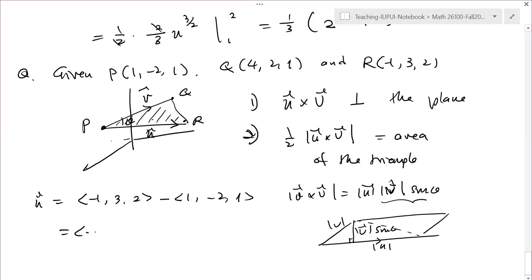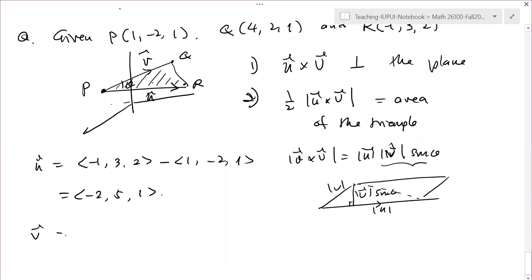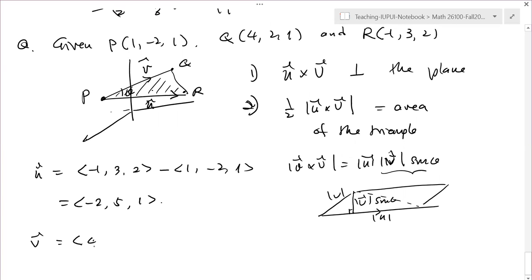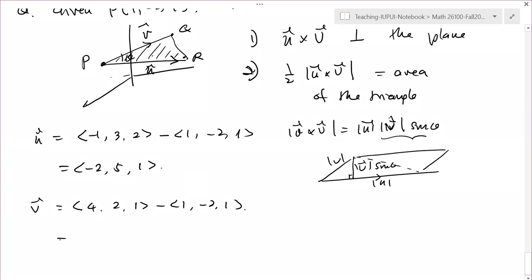So the answer will be (-2, 5, 1). And v is going to be Q minus the point P. So you will get (3, 4, 0).